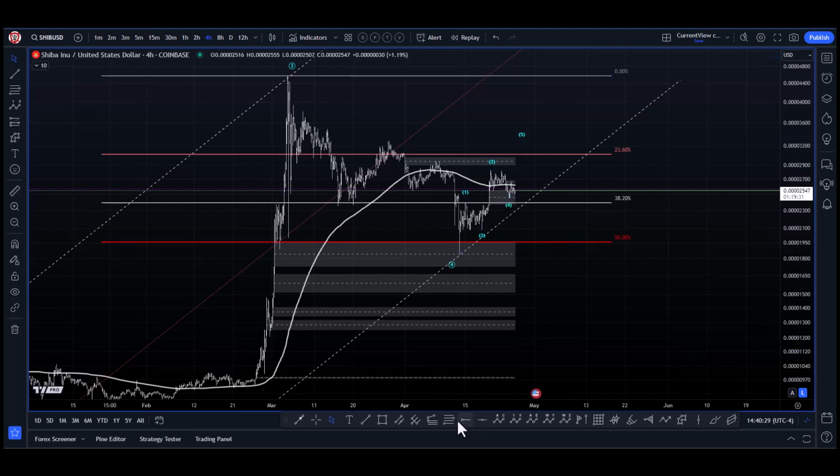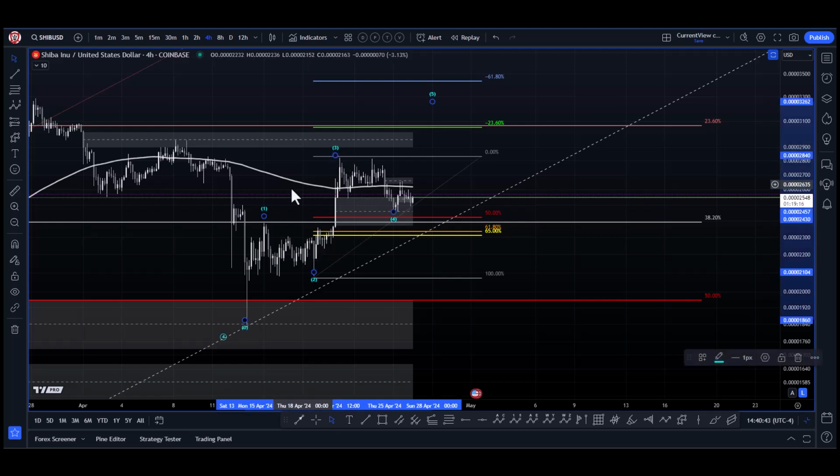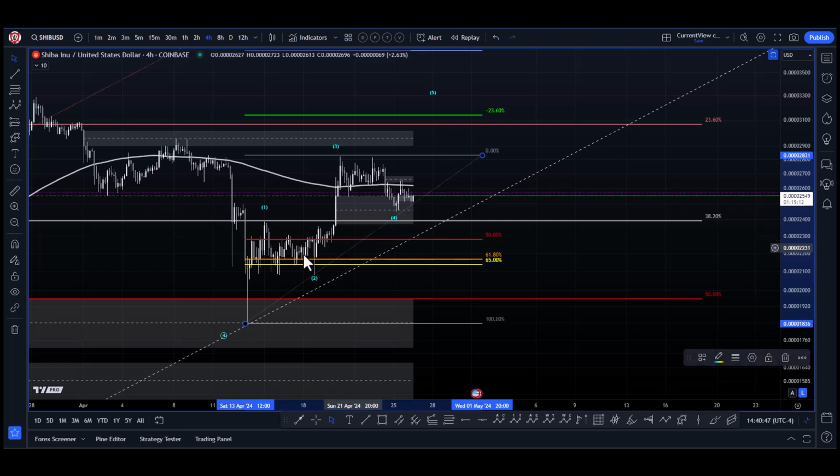Same way every time. Right to a 50. It's not a great looking impulse. Actually, it looks like an ABC. So the other one you want to consider would be here if it comes down a little bit deeper.